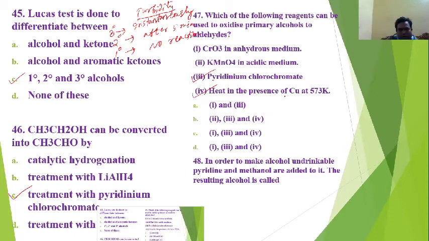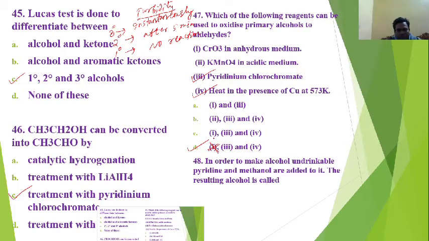The main option is third and fourth, and that is option D. CrO3 and KMnO4 give carboxylic acid directly.